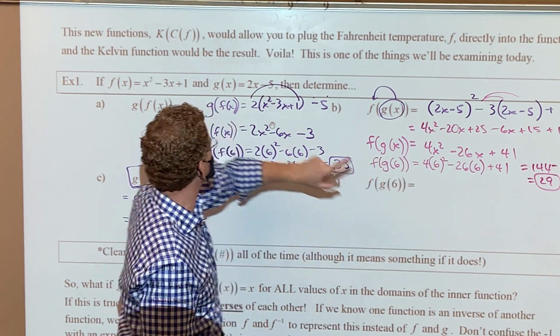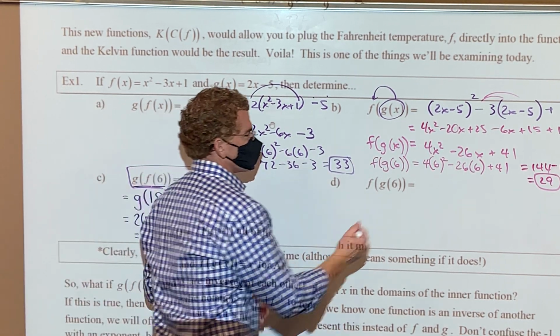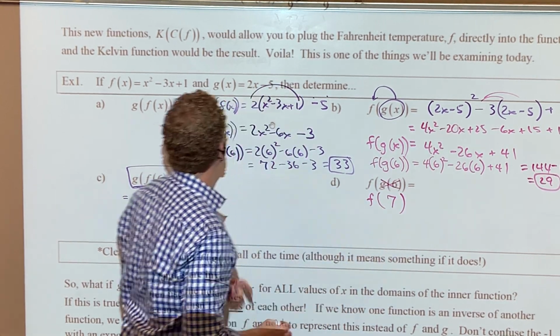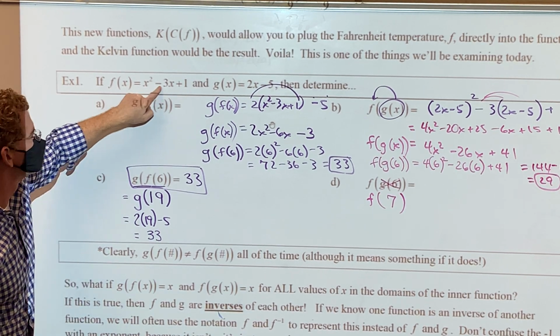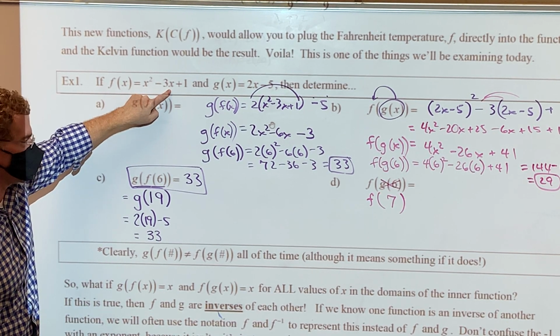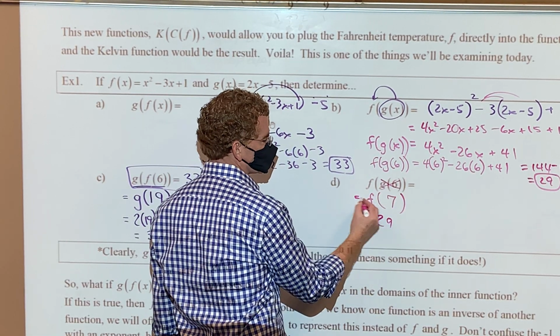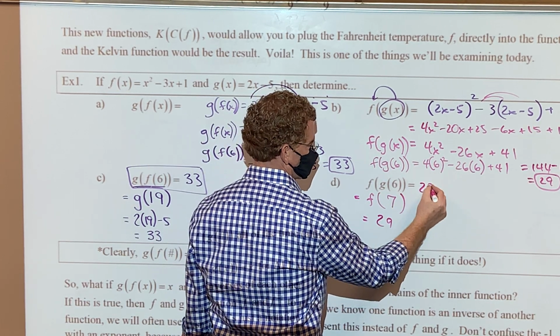What's g of 6? 12 minus 5 is 7. So I'm going to replace the g of 6 with what it's equal to. And then what's f of 7? 49 minus 21 is 28, plus 1 is 29. So if that simplifies to that, and that's 29, then f of g of 6 is 29.